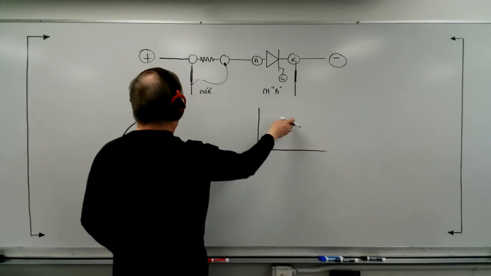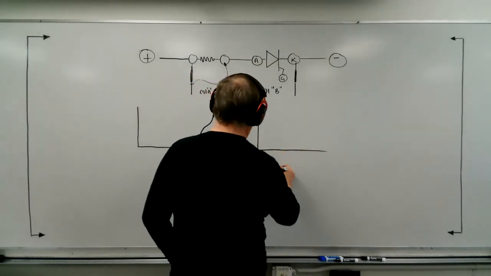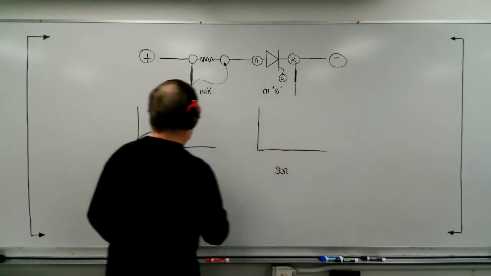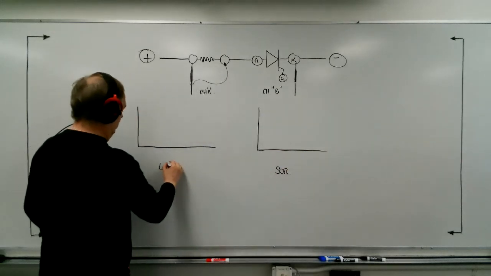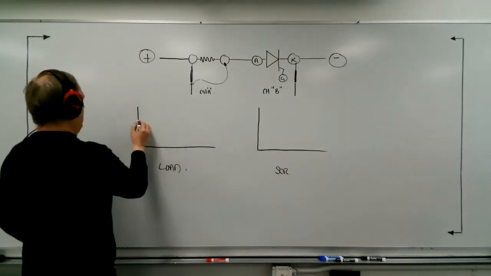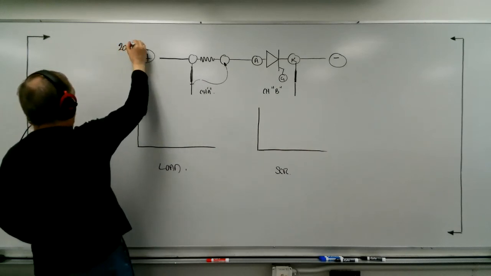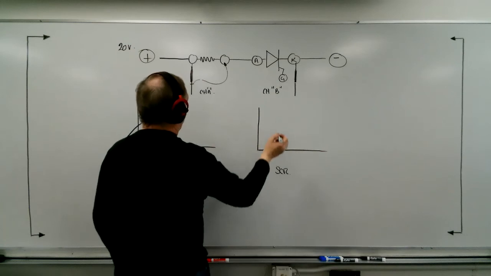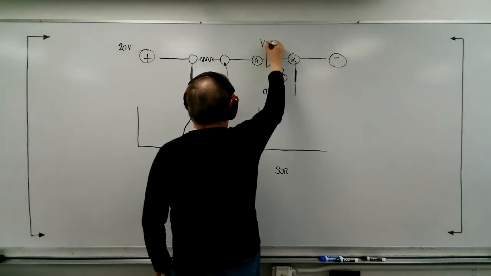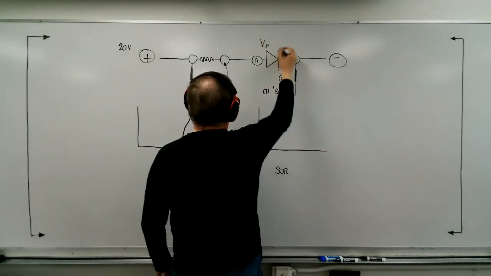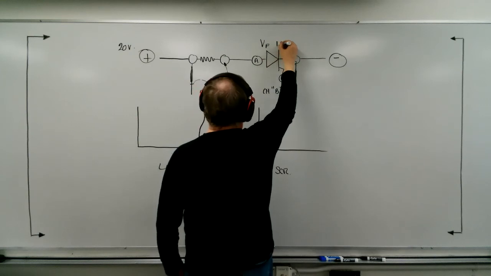Okay, so this is going to be channel B over here, which is going to be the SCR, and this is going to be the load. I'm going to say that this voltage is 20 volts, and the VF of this SCR is 1.5 volts.